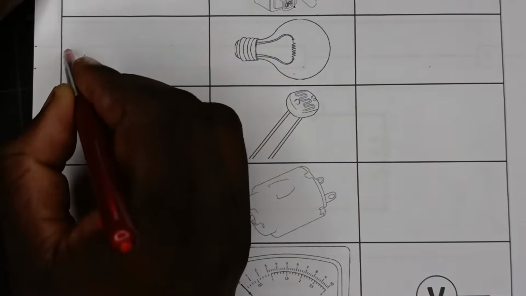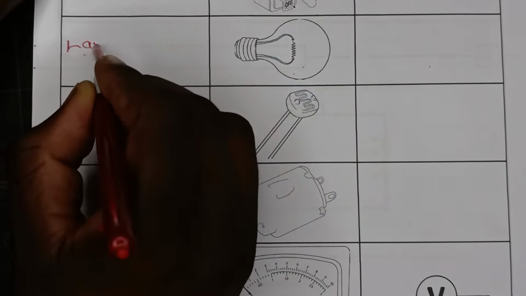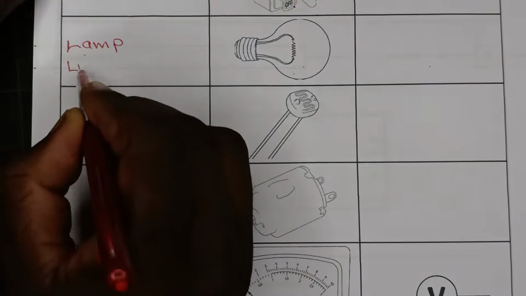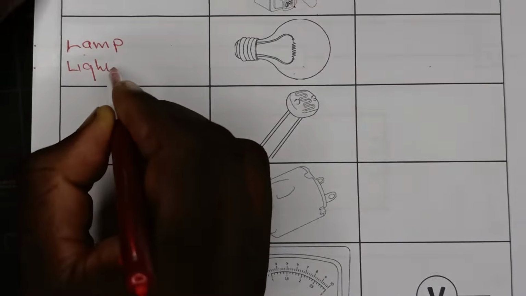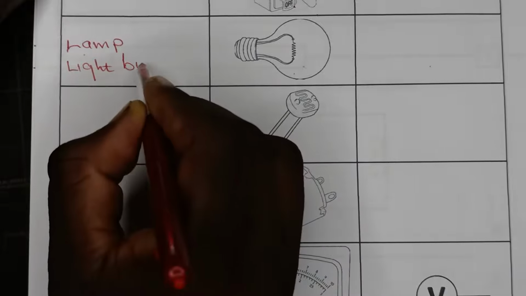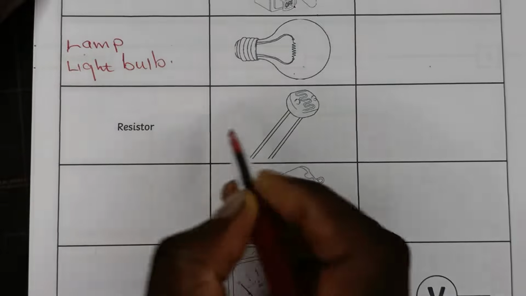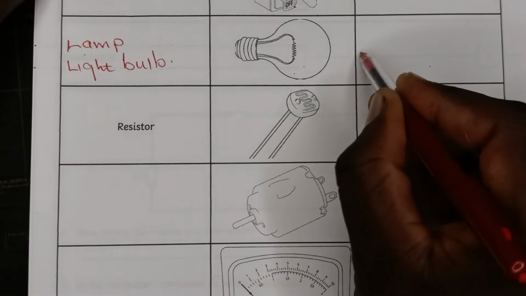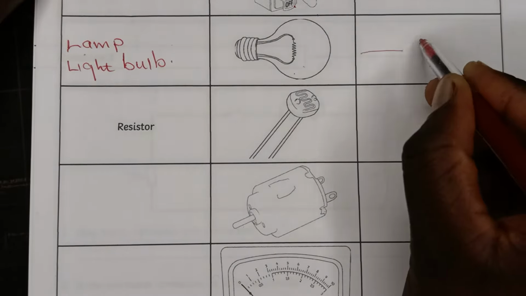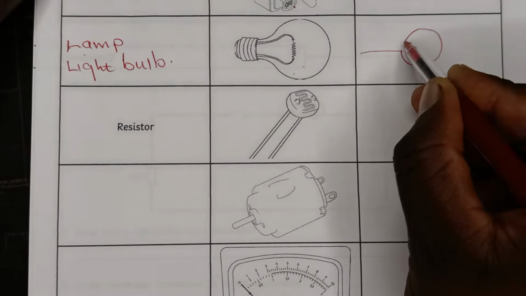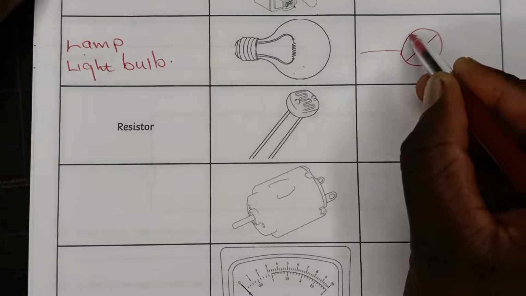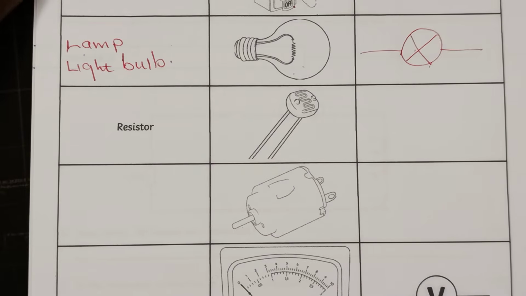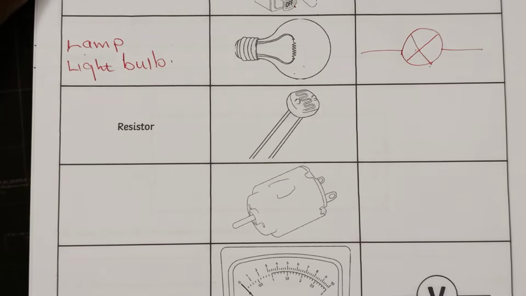You either call it a lamp or a light bulb. So what is the symbol of a lamp or a light bulb? It is this one. So this is a symbol of a lamp or a light bulb.